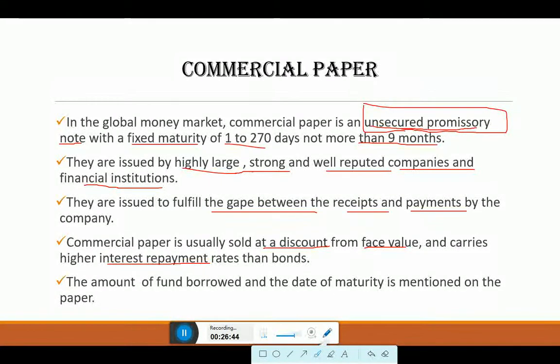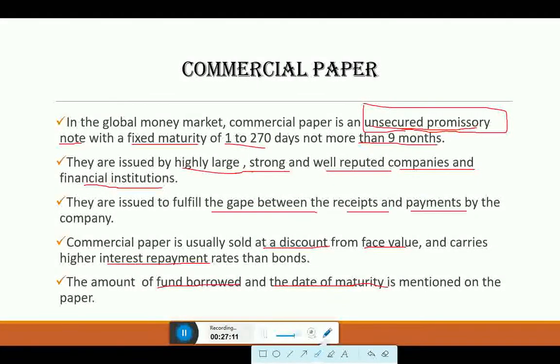The amount of fund borrowed and the date of maturity is mentioned on the paper. How much fund is borrowed by the issuing organization and when this security will mature or become due is also mentioned on the face of commercial paper. So how many things have we mentioned here? Number one, commercial paper is an unsecured promissory note.